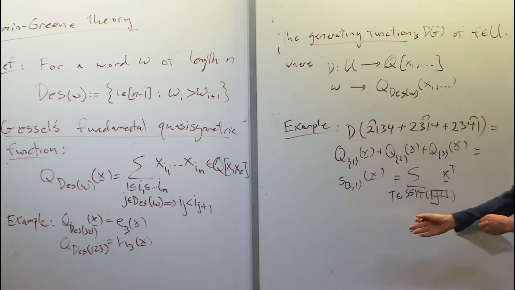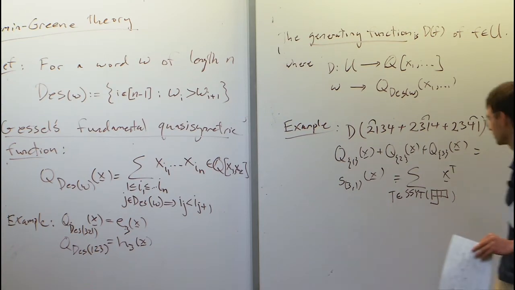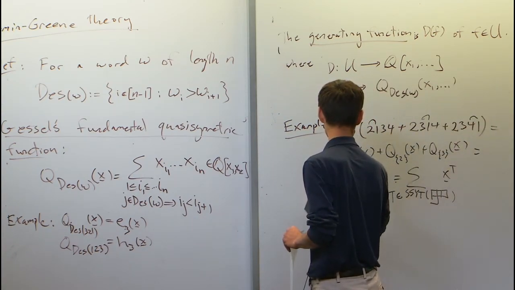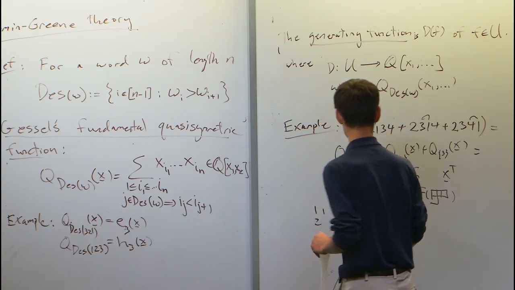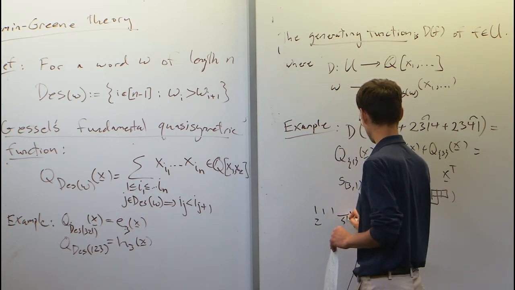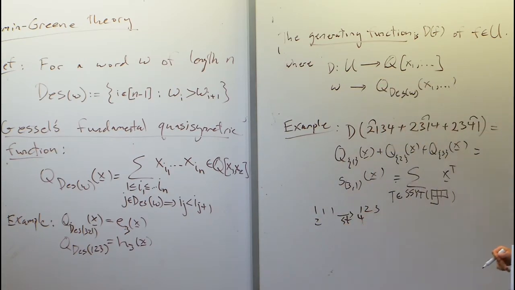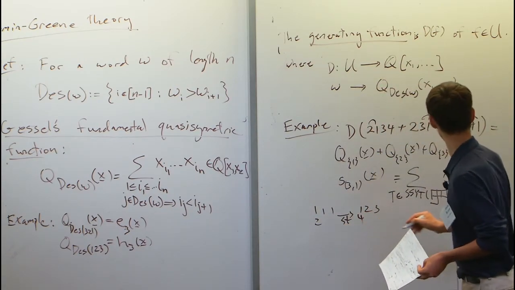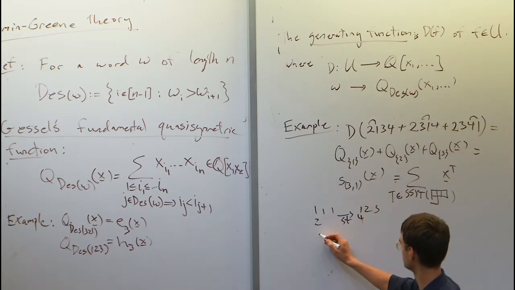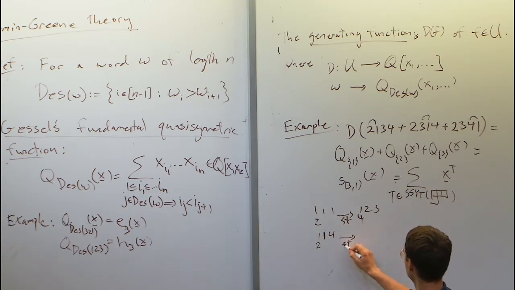Okay, but see, it gets grouped. There's a natural way to group these, right? So you can group them as like 1, 1, 1, 2. This would standardize to 1, 2, 3, 4. Whereas some semi-standard Young tableau, like 1, 1, 2, 4, would also standardize to 1, 2, 3, 4.